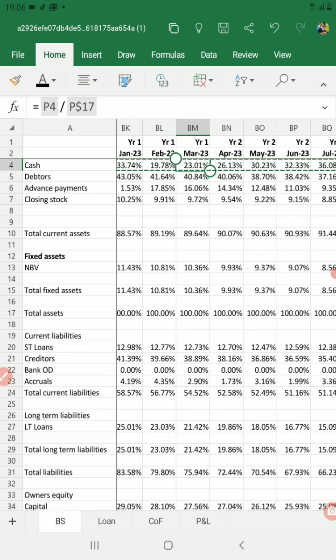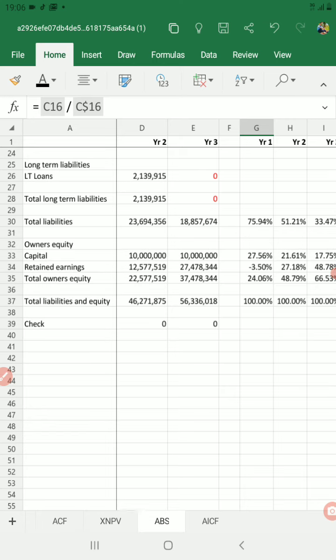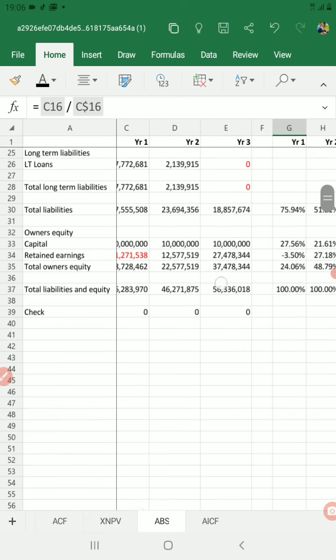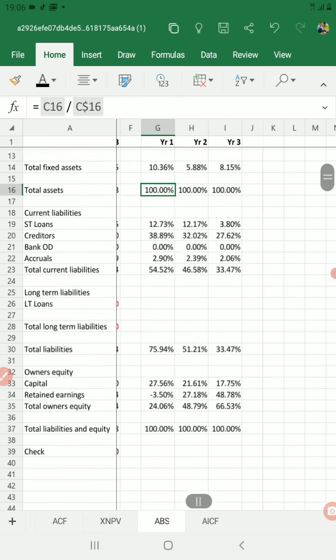Okay, so if we go to annual balance sheet here, we have seen the cash is 23.01. So where is our annual balance sheet? Annual balance sheet here. Where are our common size financials?